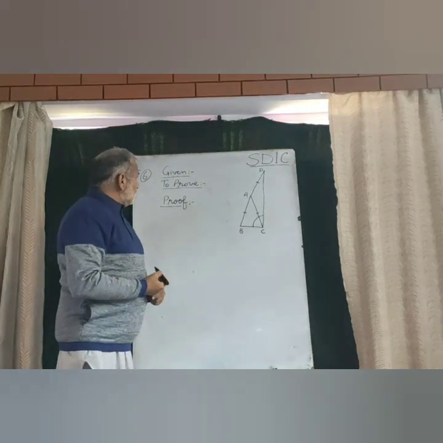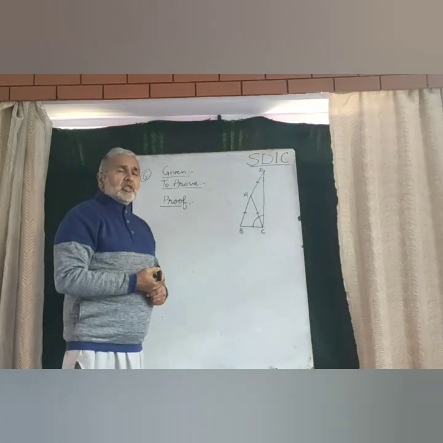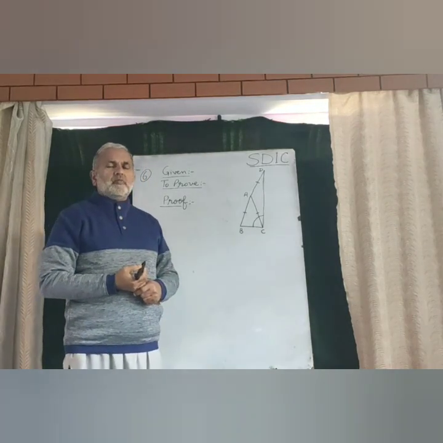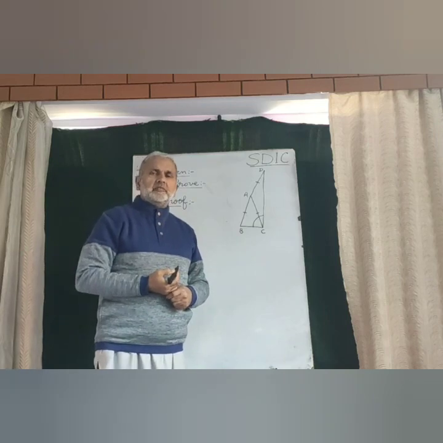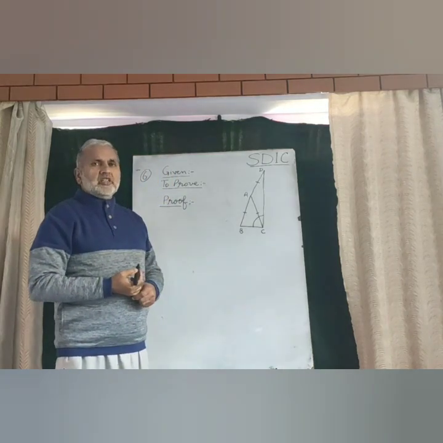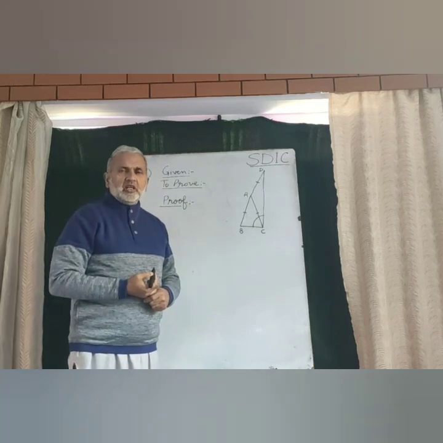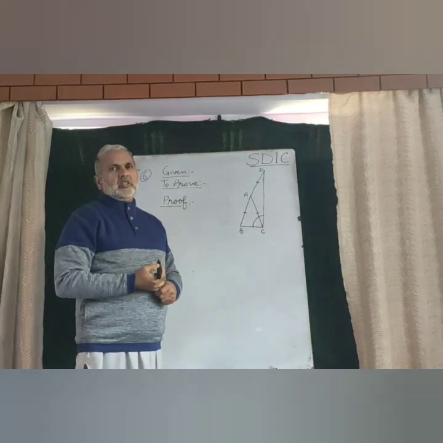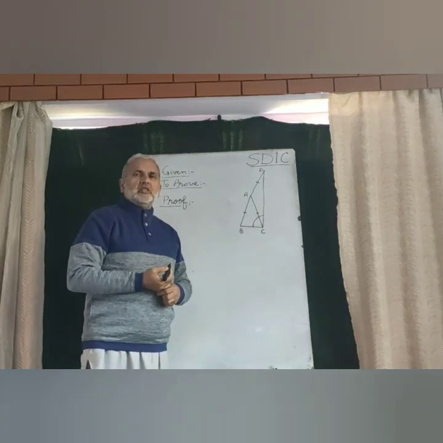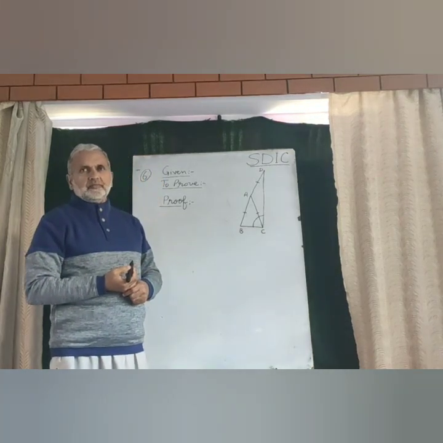Well, as we begin the proof of this, you recollect one of the results we have read in Euclid's axioms, first geometry chapter, lines and angles. One of the Euclid's axioms we have read there: things which are equal to the same thing are equal to each other. This we have to apply here before we begin the main solution.